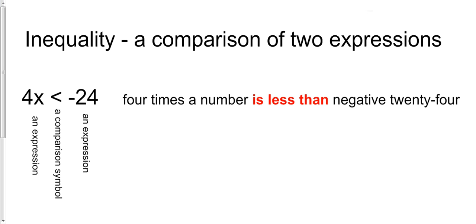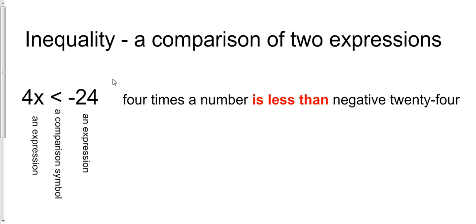Let's get started. What is an inequality? An inequality, if you remember, is a comparison of two expressions. We have an expression on the left side of the comparison symbol, and an expression on the right side. So we're comparing the two. We're not stating that they're equal. We're stating that one is possibly less than the other.